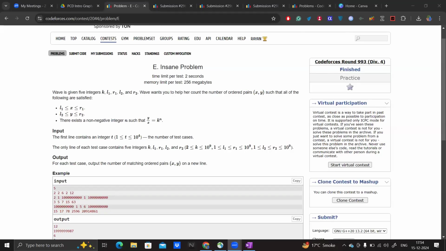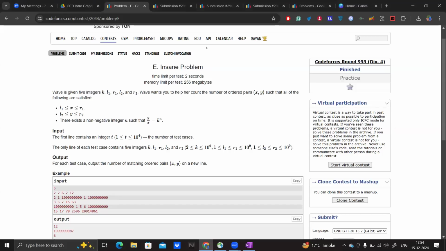So let's look at the constraints. The constraint said that k can range from 2 to 10^9, L1 and R1 are from 1 to 10^9, and same for L2 and R2. Okay, now I'll think about what can I iterate over. I don't think it is possible in O(1).